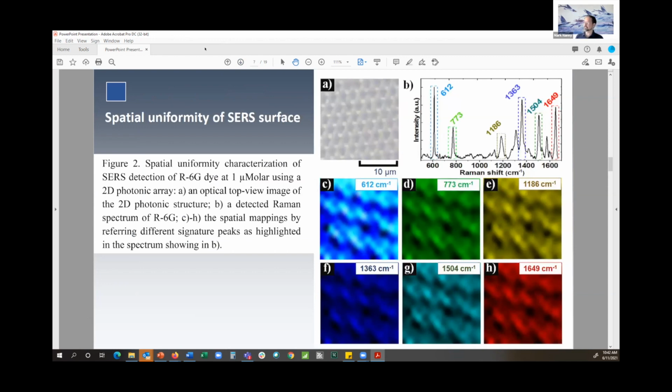So one of the first things one has to do is ensure that the nanophotonic sensor chip area has a uniform response. I tell my students, this is like trying to count cows in a pasture. You go out to a cow pasture, the cows are not uniformly spread over the pasture.